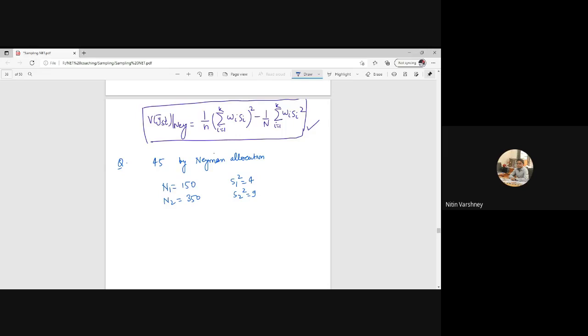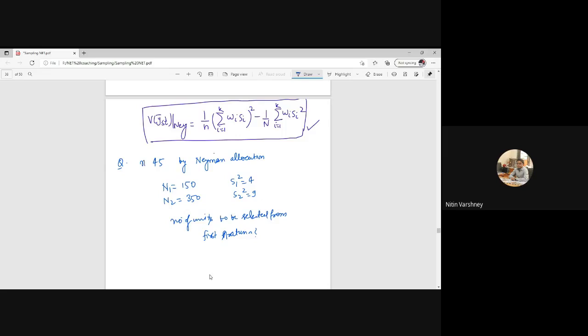It is asking for the number of units to be selected from the first stratum. How will we solve this?